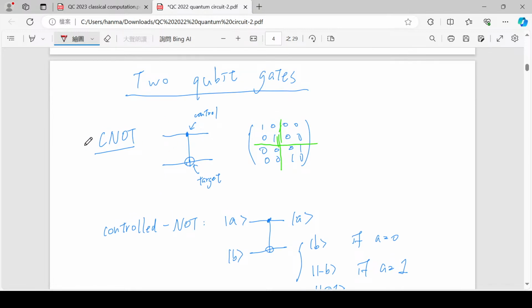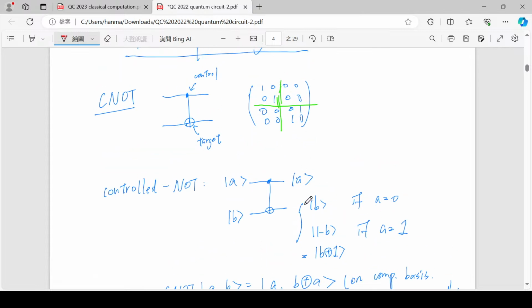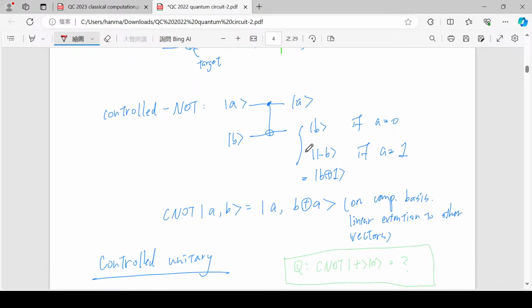So the control, you will do nothing to the control qubit. So whatever is 0, 1 here, you go to 0, 1. And then as we said, if A is 0, then it doesn't do anything to the B qubit, so B is still B. But if A is 1, then you apply a NOT gate on B, so B becomes the negation of B, and it's basically 1 minus B. And another nice way to write this is B circle plus 1.